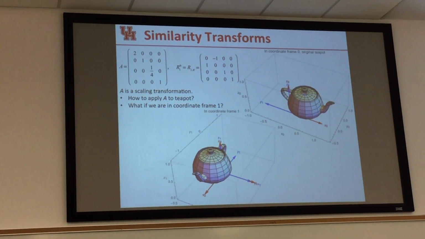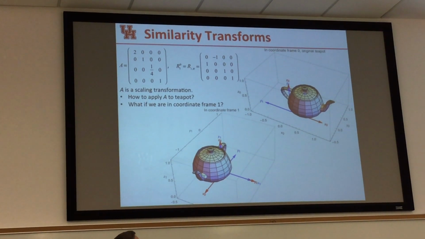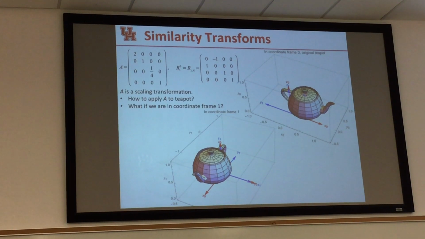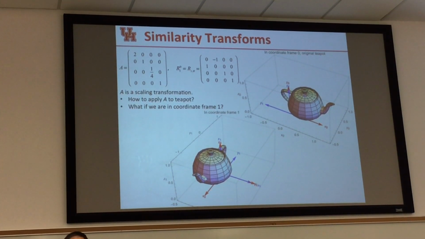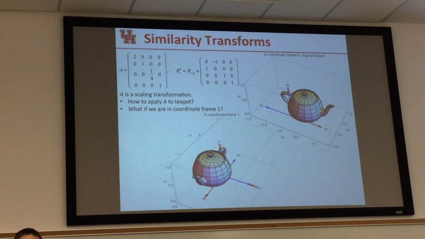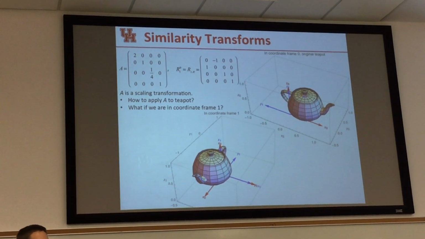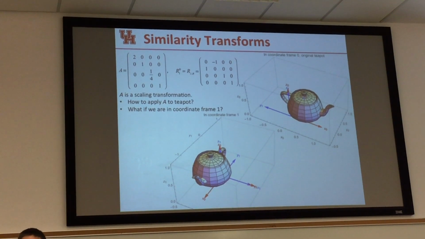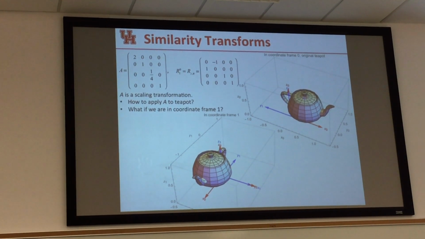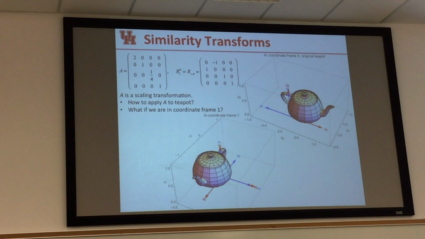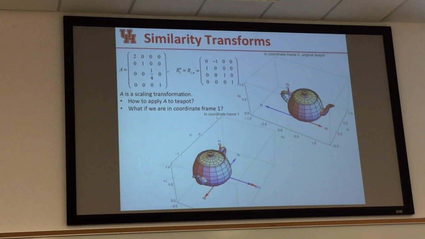That's how people in coordinate frame 0 look at the world. But if you're in coordinate frame 1, you're going to have x pointing down to the lower right. It's the same teapot. I've oriented the coordinate frames to be a standard presentation for people in coordinate frame 1 and coordinate frame 0. So I want to say, if I apply A to the teapot in coordinate frame 0, how do I apply A to the teapot in coordinate frame 1?